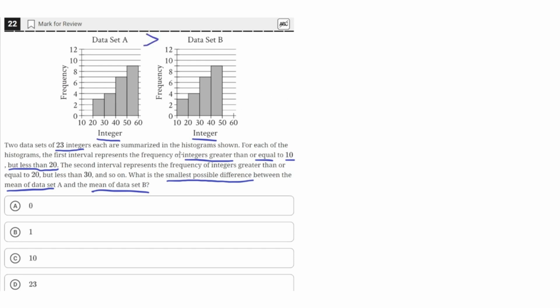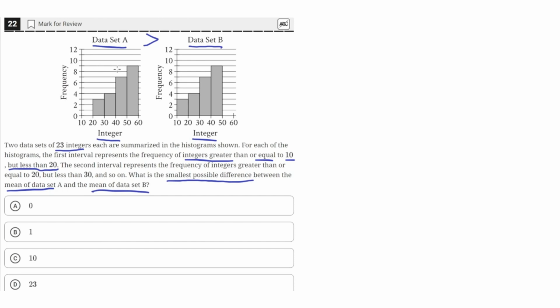And if we want to find the smallest possible difference, we need to find the smallest mean of dataset A possible and find its difference with the largest mean for B possible, because that would give us the smallest possible difference.